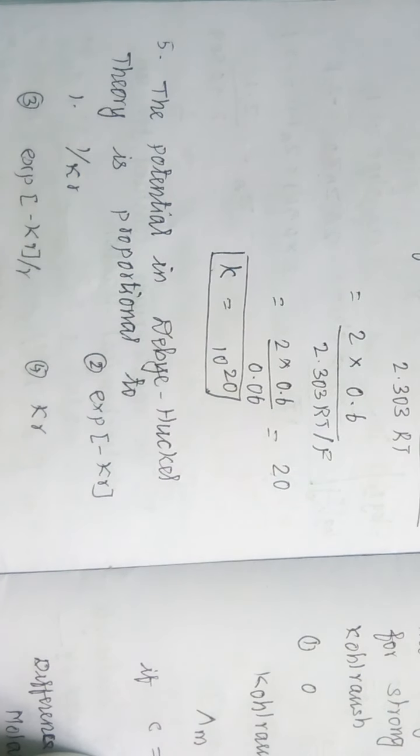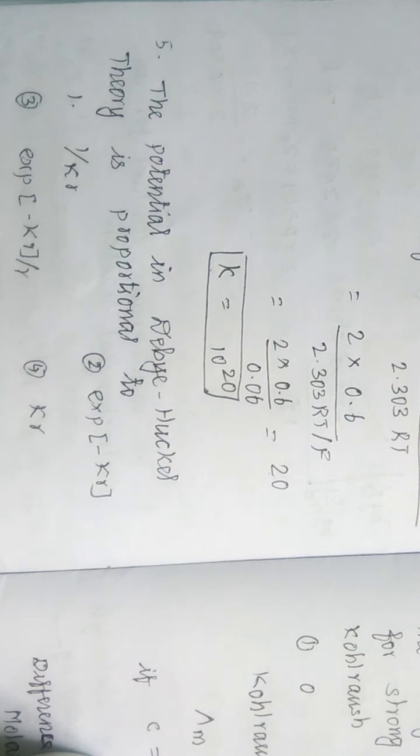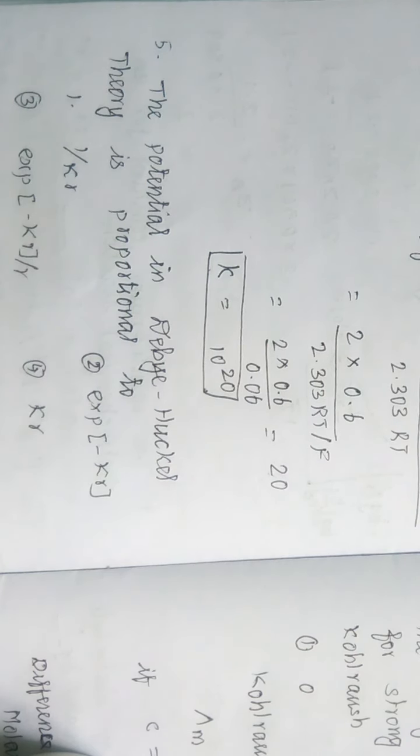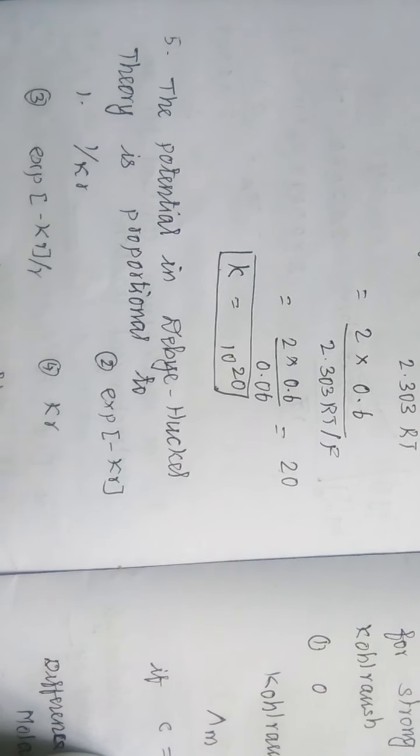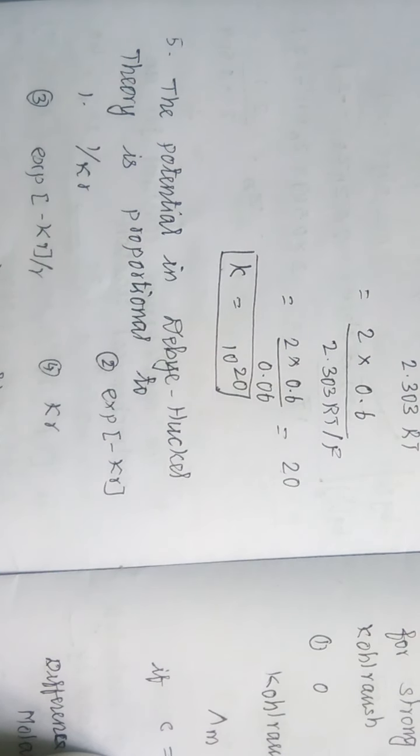The potential in the Debye-Huckel theory is proportional to, this is a question I have taken from the competitive exams. The potential in Debye-Huckel theory is proportional to some of the values given here. This information is also in Puri, Sharma and Pathania's physical chemistry, in the third part of electrochemistry.